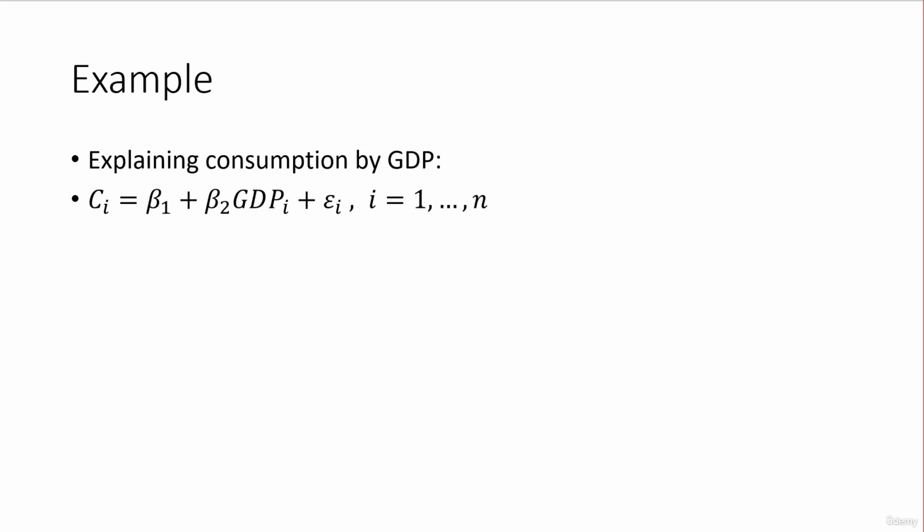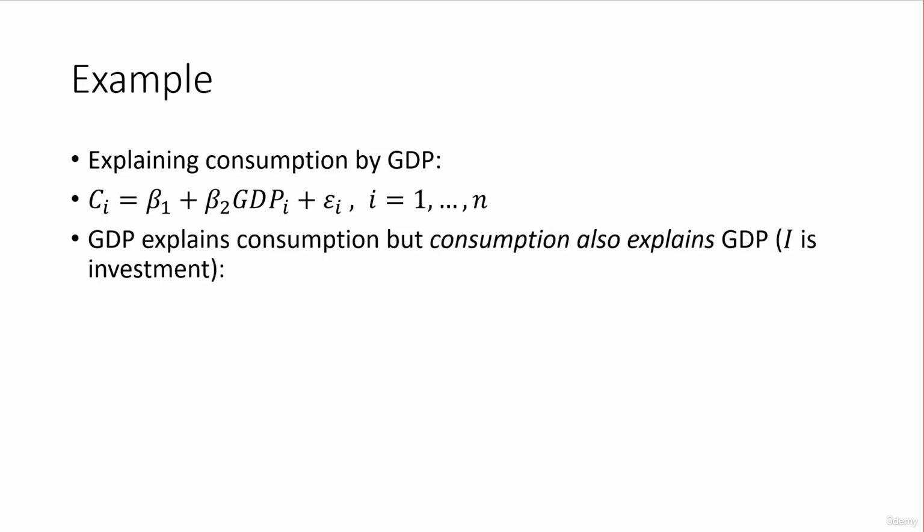If we just consider a small closed economy, to make the example as simple as possible, where we have no imports, no export, and no government, then the GDP identity will simply be the following. GDP is consumption plus investment. So these two equations, the second bullet and the fourth bullet, those are my structural equations.